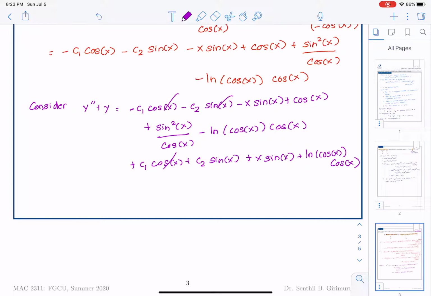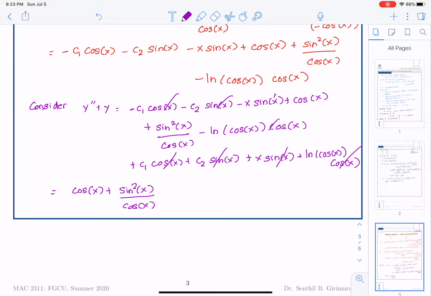So those would get cancelled, and you end up getting cosine x plus sine squared x divided by cosine x.